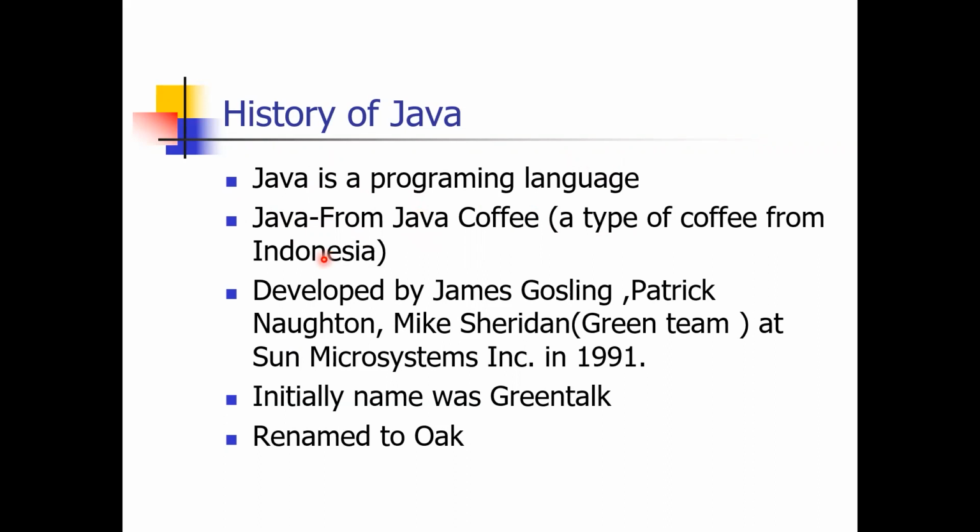Java was initially developed by James Gosling, Patrick Norton, and Mike Sheridan. The team of these persons was called the Green Team. This Green Team developed Java at Sun Microsystems in 1991.